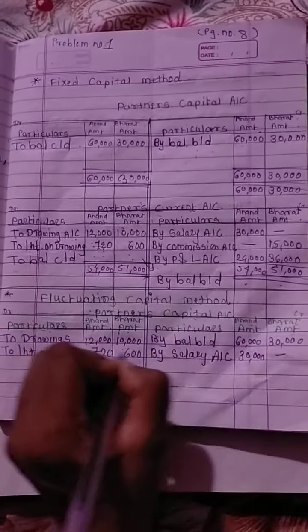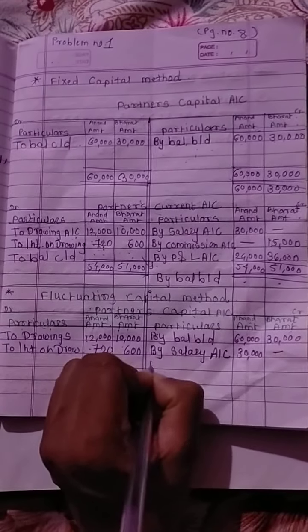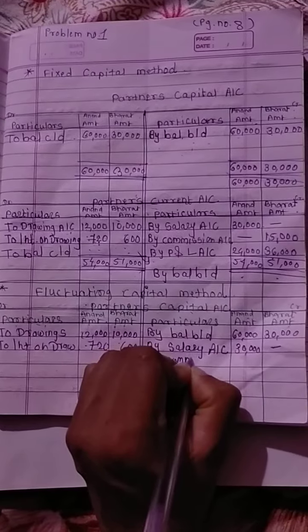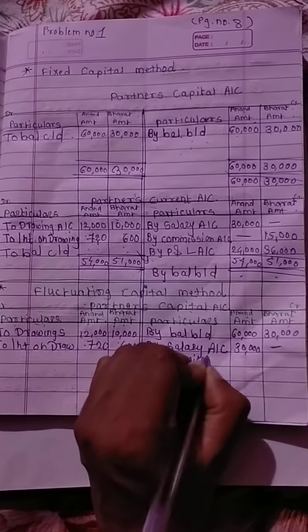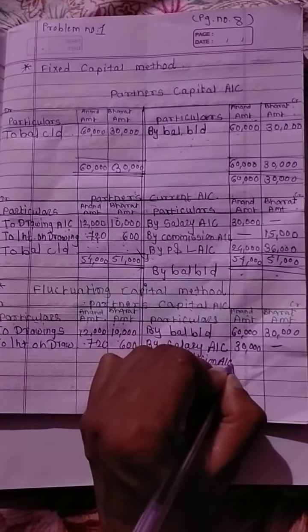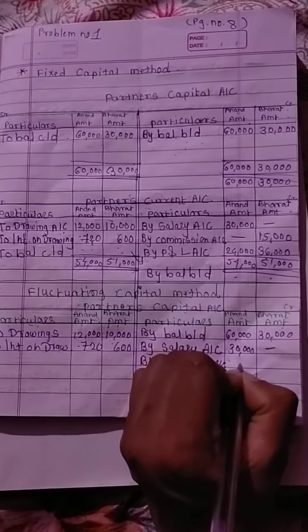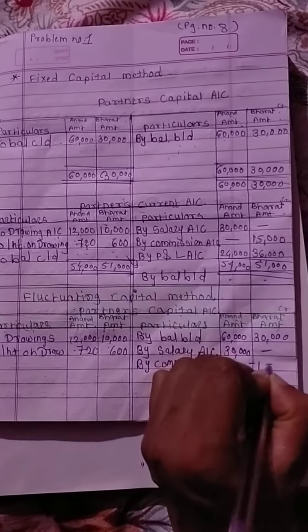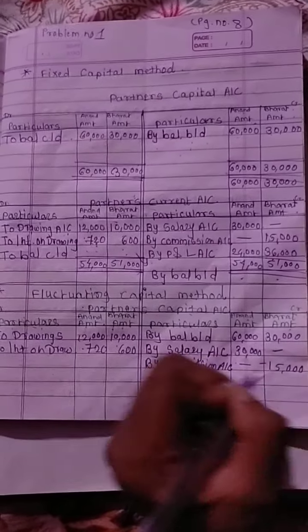Here a dash, because Bharat is not getting salary. And by commission account, who is getting commission? Bharat. So Anand is a dash. Bharat is getting 15,000 commission.